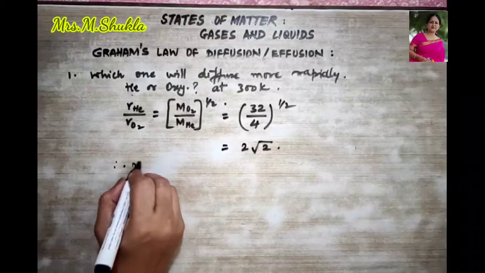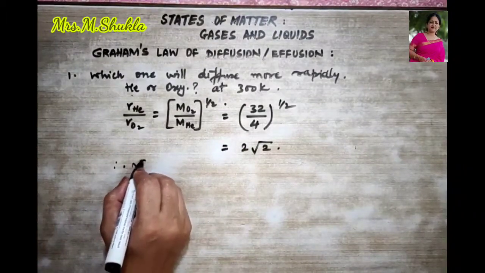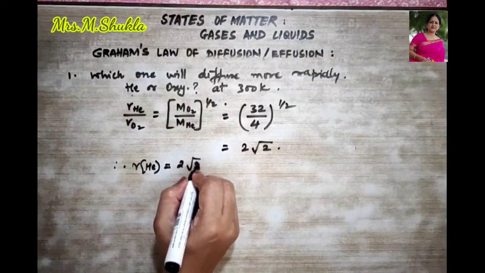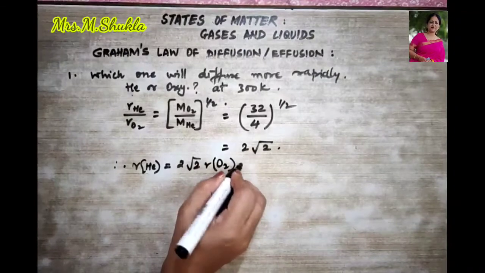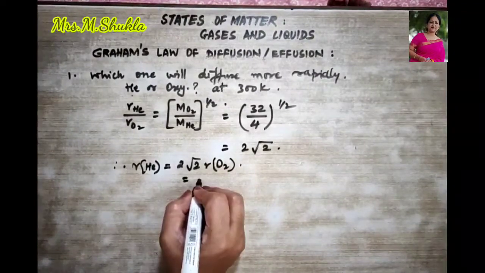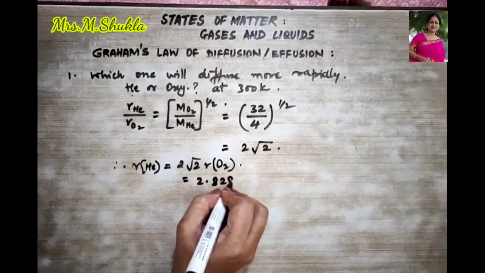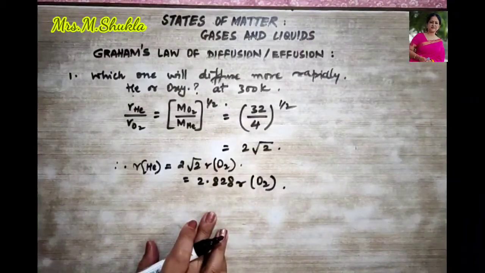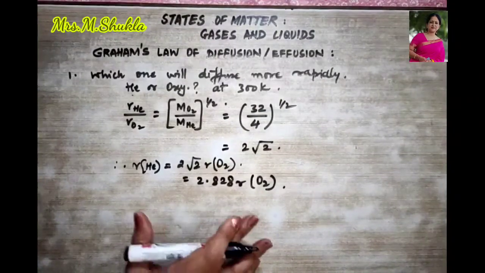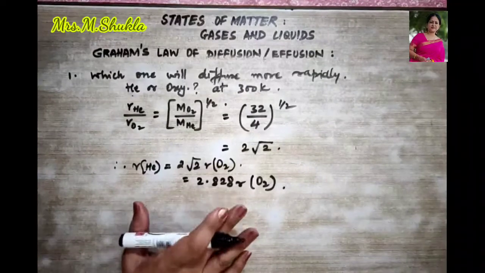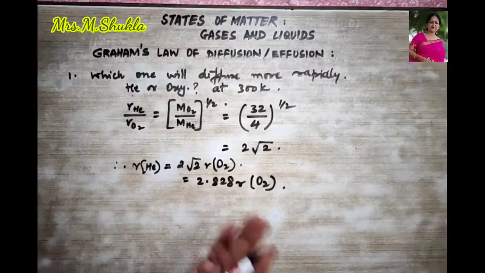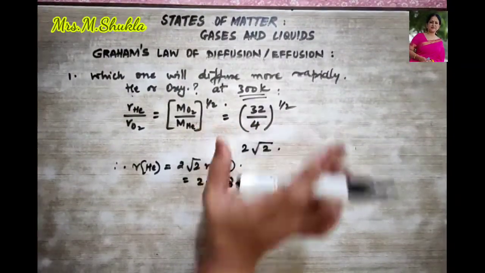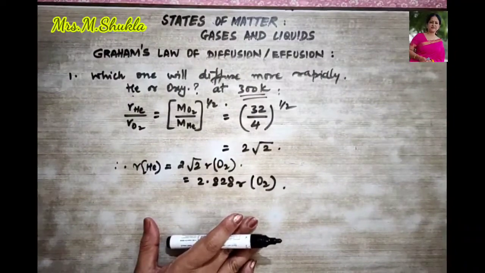Therefore, we can say that the rate of diffusion of helium is equal to 2 under root 2 times the rate of diffusion of oxygen, which is approximately 2.828 R of oxygen. So over here, what did we study? That helium will diffuse 2.82 times faster than oxygen at the given temperature of 300 Kelvin. Clear? I hope this first question is clear to you.